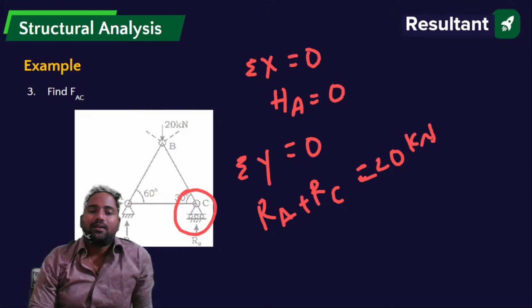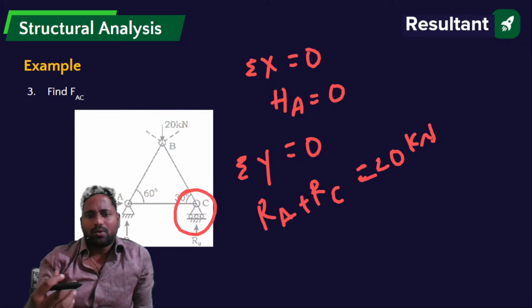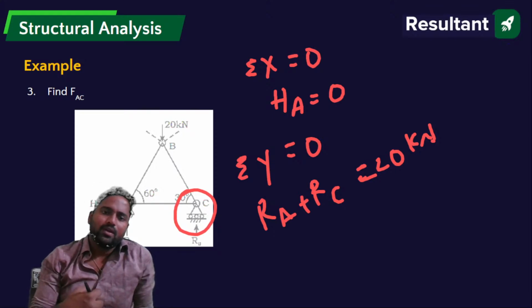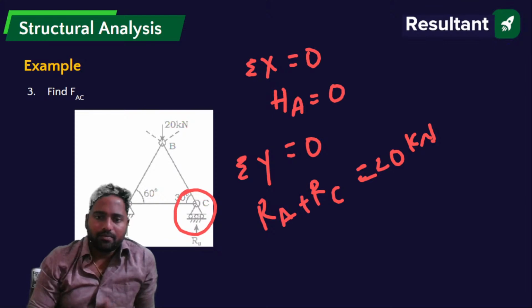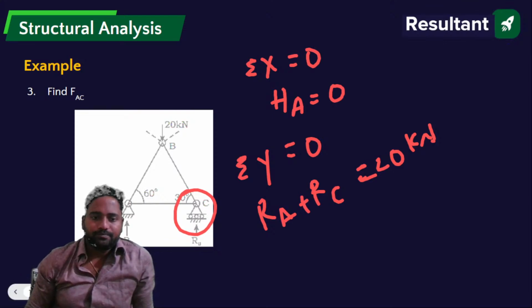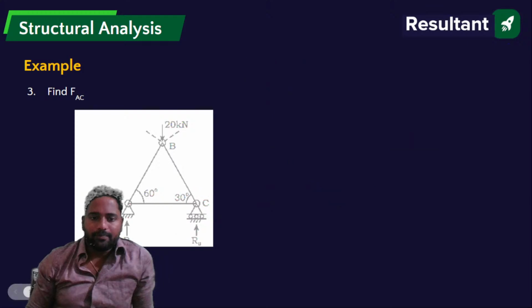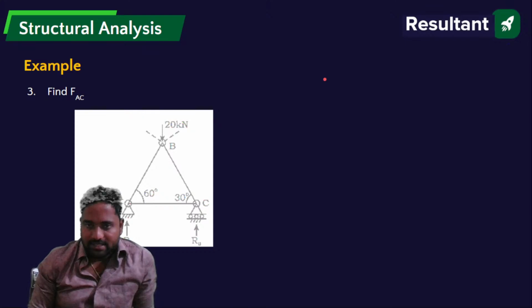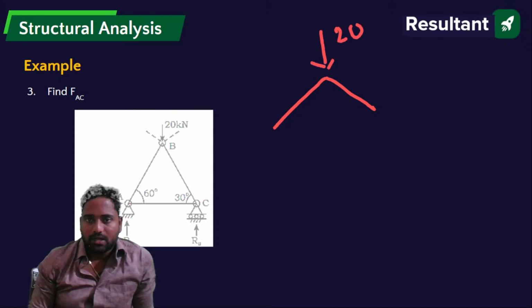So for taking moment about C equals 0, I can't find the reactions at A and C. So now consider equilibrium of joint B. Here there is 20 kilonewtons, and I don't know the directions.